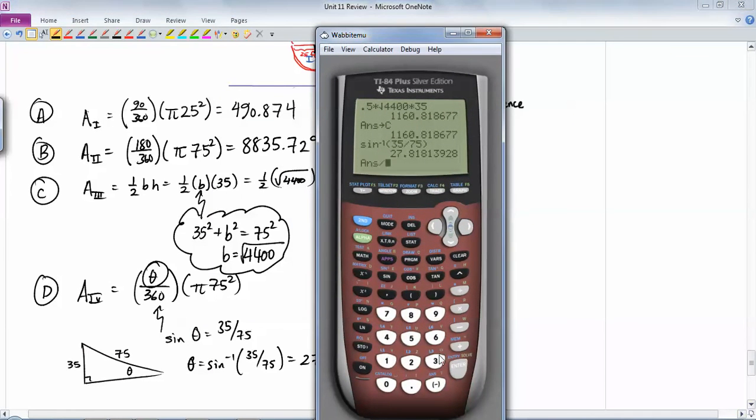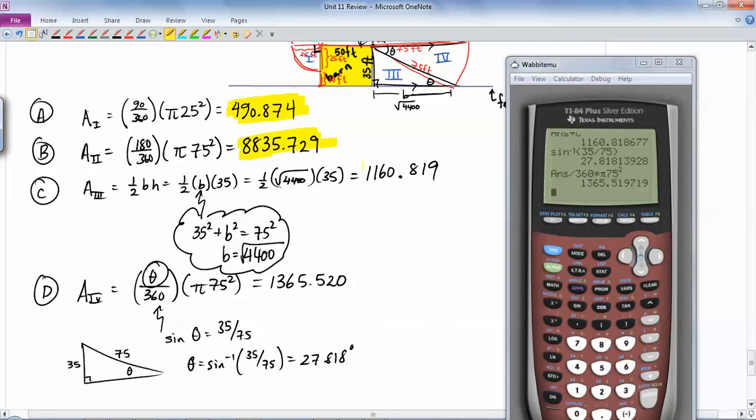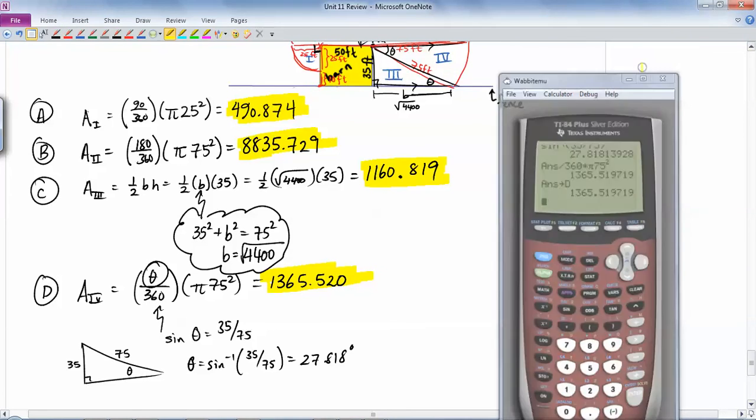So that's over 360 times pi 75 squared. 1365.5197, so that rounds up to 1365.520. So then I've got these 4 areas here. Here's one of them, here's one of them, here's one of them, here's one of them. Let me store that last one as D.